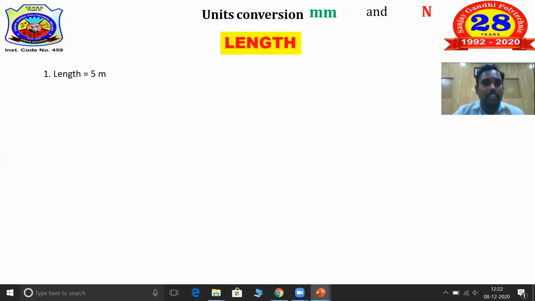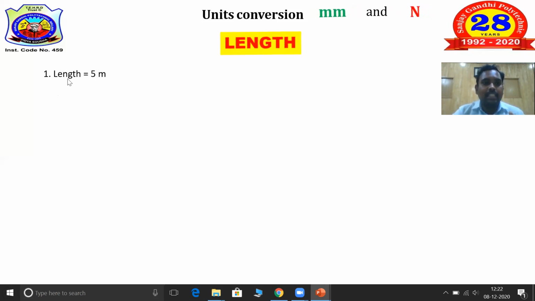First, you need to understand whether unit conversion needs to be done or not, whether it is necessary or not. As I said, I require units in mm, but the given question is in terms of meter. So that is why I need to convert. So how to convert? Very simple.